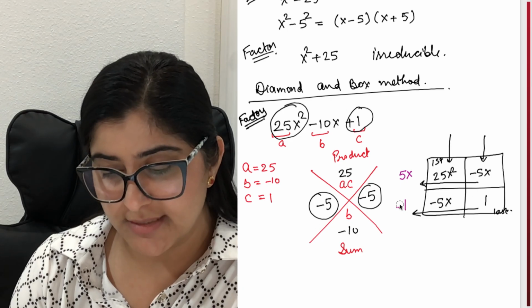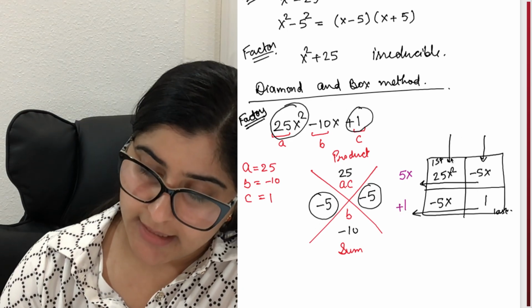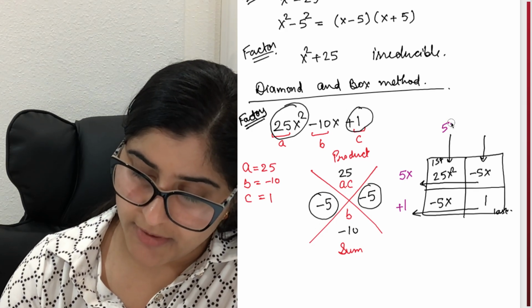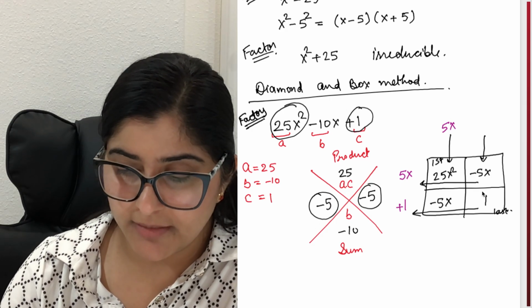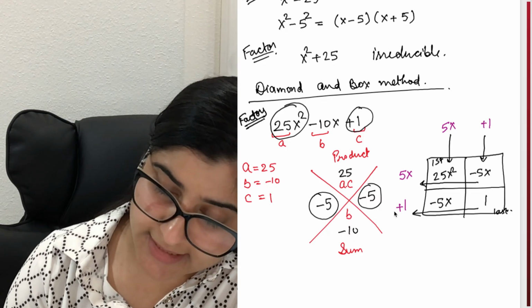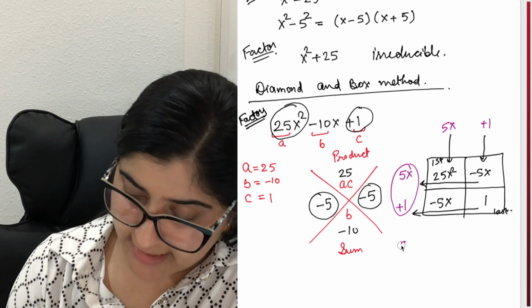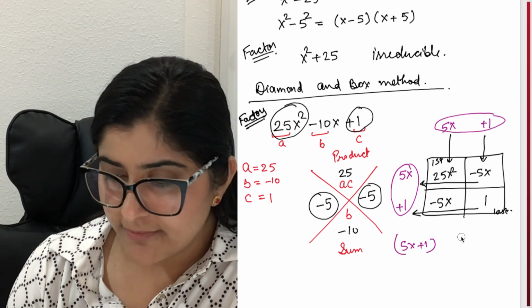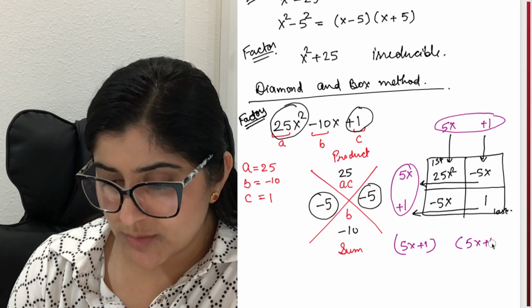Just 1, or you can say +1. Is there anything common between this column? You will say 5 and one copy of x. Anything common between -5x and 1? Just +1. So this will give you one factor, that is 5x plus 1, and this gives you another factor, that is 5x plus 1.